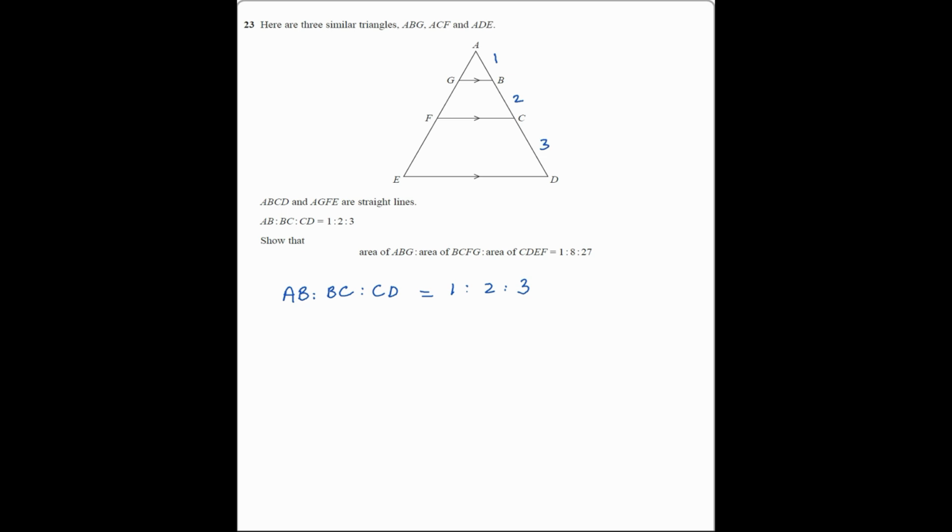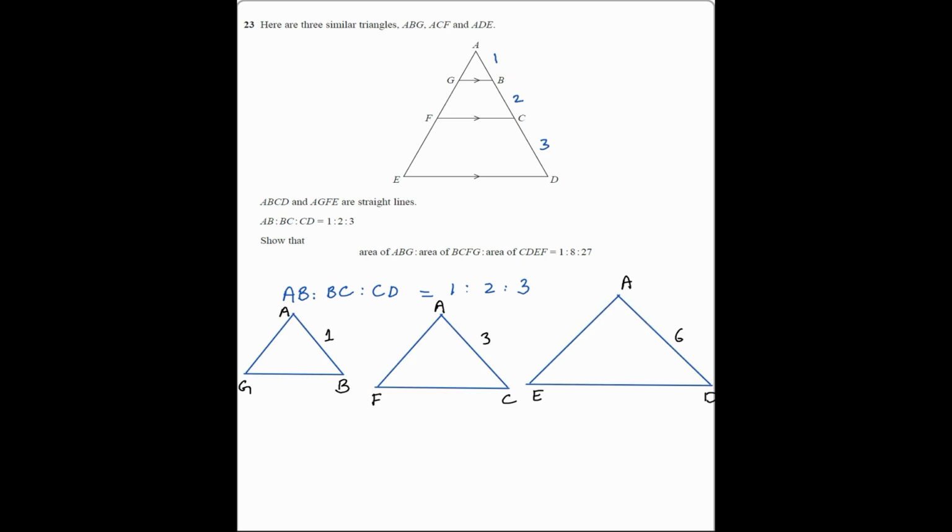If we make those triangles, all the three triangles will look like this if we draw them separately. AGB with the length of AB 1, AFC, AC has the length of 3, AED, and AD is the length of 6.